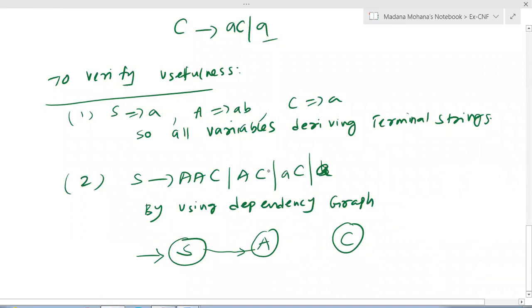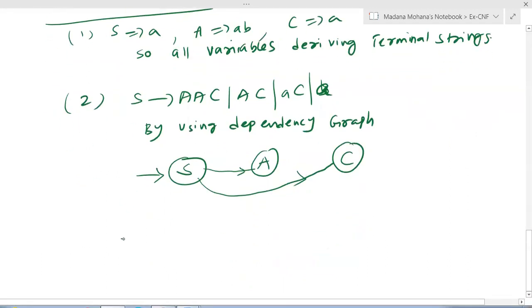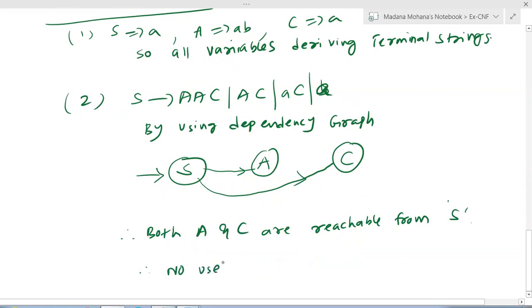Then again, S derives C. Yes, all the first three productions contain C on the right-hand side also. So for S derives C we also have a path. Therefore, both A and C are reachable from the starting variable S. Therefore, no useless symbols in the context-free grammar.